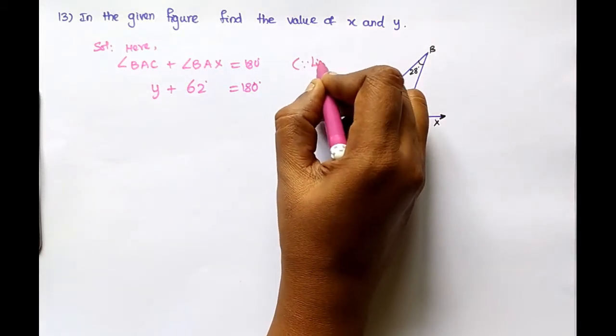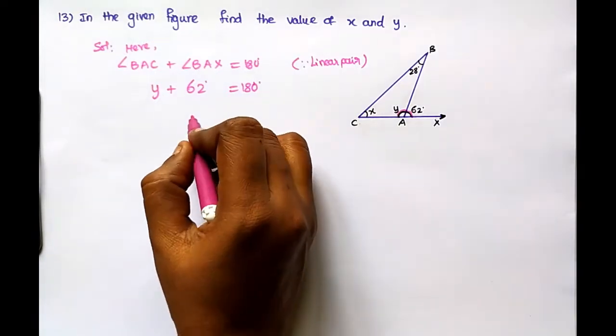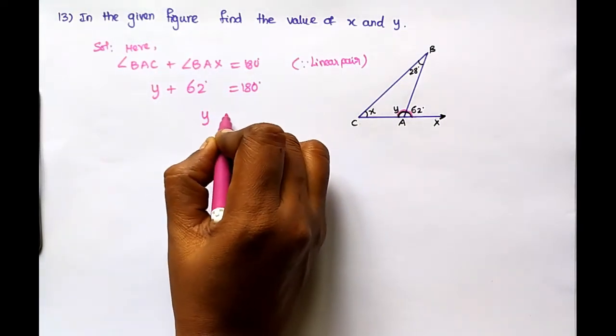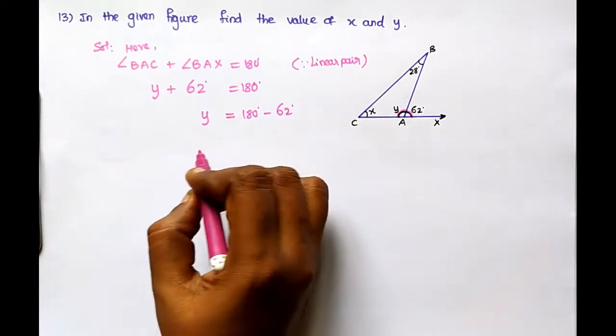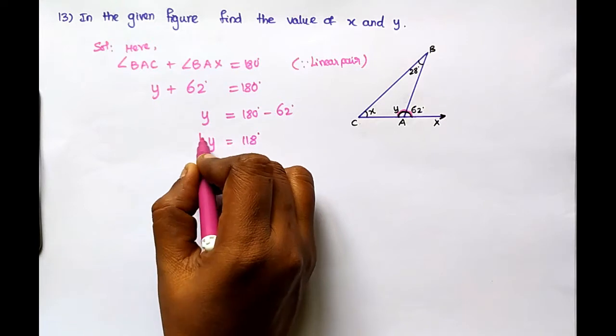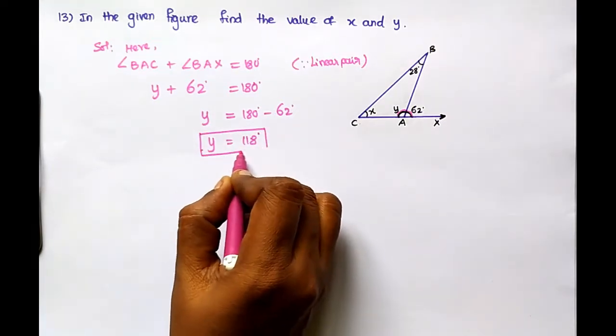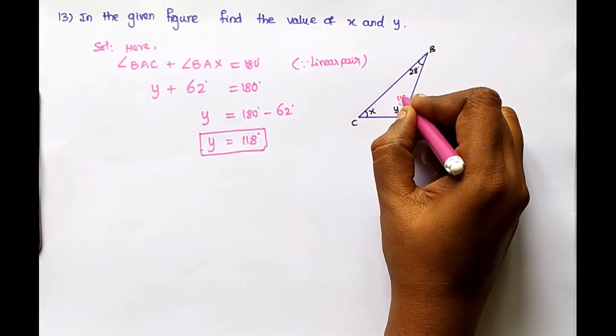Reason? Linear pair. So y equals 180 minus 62 degrees. So y equals 118 degrees.